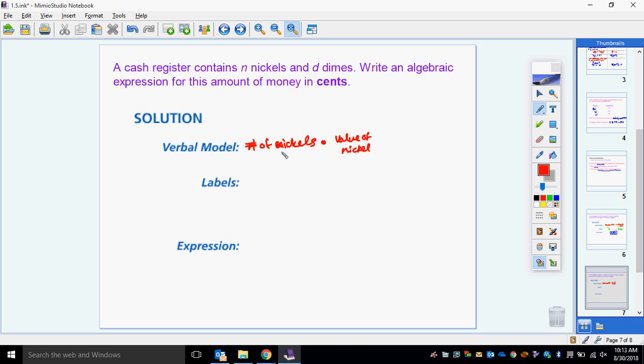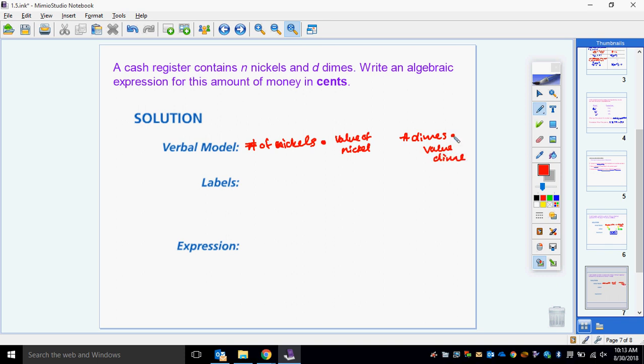So if I had nickels in my hand, I'd take the number of nickels times how much a nickel is worth. Okay, so that would figure out how much money the nickels are. But then we also have to figure out how much money the dimes are. So we take the number of dimes and multiply it by the value of a dime.